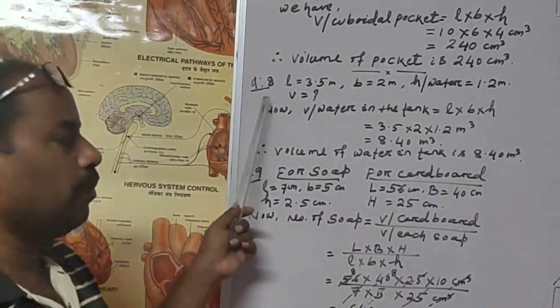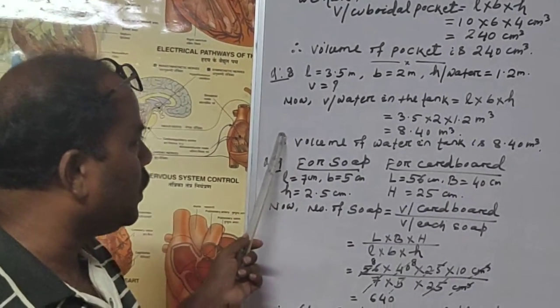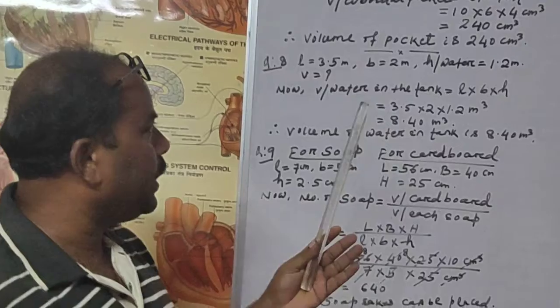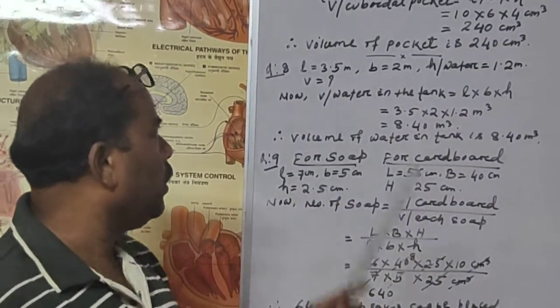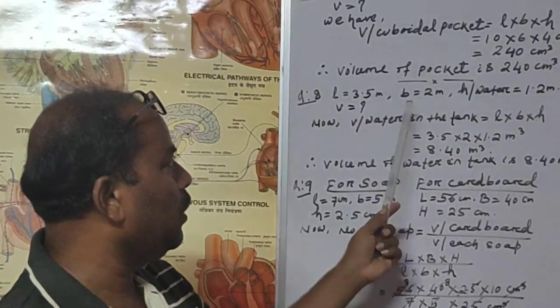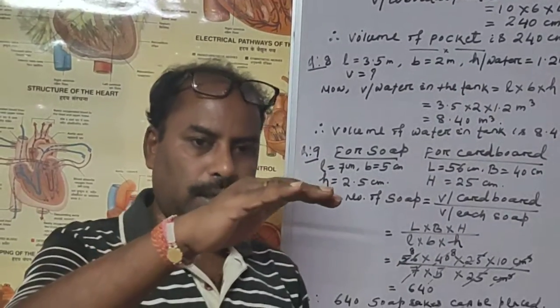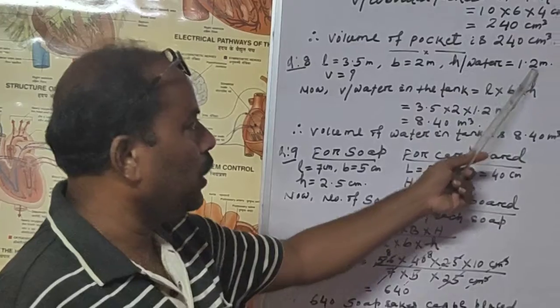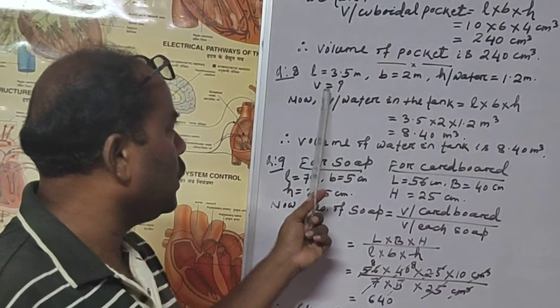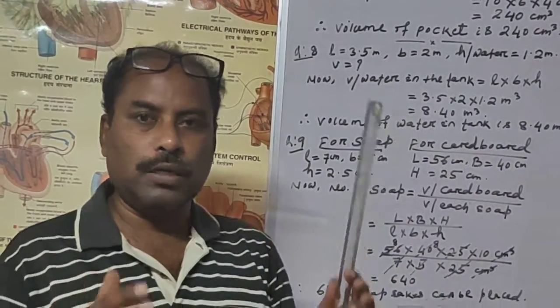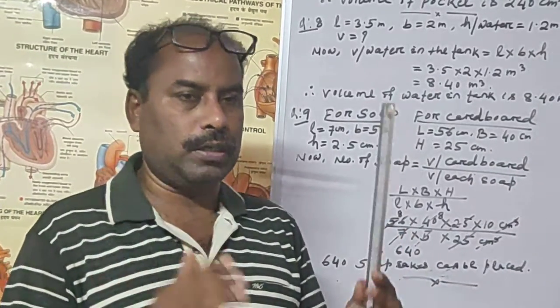Now come to question number 8. The question number 8 is given that there is a tank. In the tank length is 3.5 meter, the breadth is equal to 2 meter, and height of the water in the tank is 1.2 meter. So question is that what is the volume of water, not the volume of tank but volume of water.